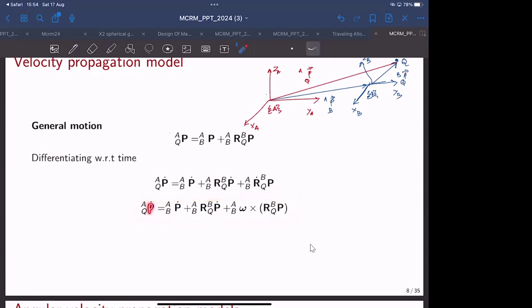The velocity of the position vector q with respect to A is the velocity of position vector B with respect to A, plus the velocity of point P with respect to B. This is a relative velocity of q with respect to B, that is this term, and this final term, omega cross the rotation matrix multiplied by this position.